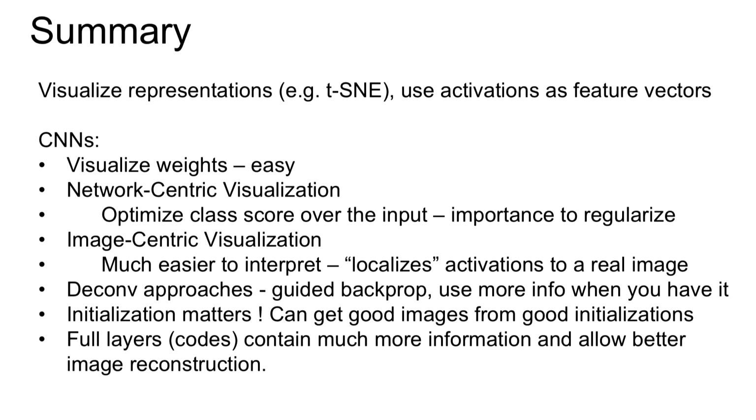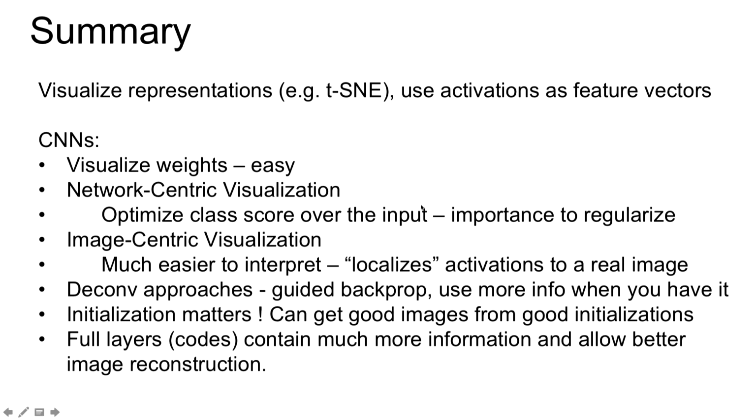So we've looked at first the t-SNE method, which is a method for embedding high-dimensional data, so we can interpret the way that the data clusters or the affinities between the high-dimensional representations. And then we looked at a variety of methods for visualizing CNN data. The weights on the first layers are easy to interpret, but that doesn't generalize because of nonlinearity beyond the first layer.